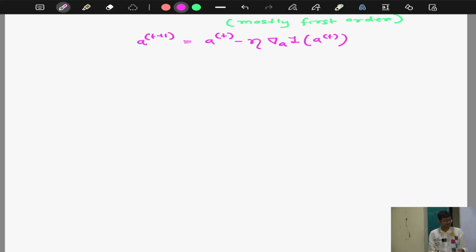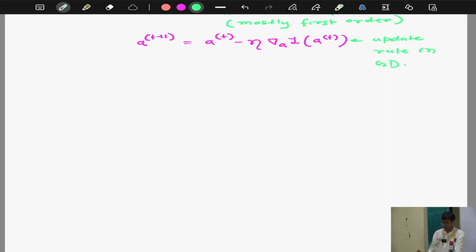You will see modifications over this, but this will come back again and again. This is basically the update rule using gradient descent. Okay. So, this is the update rule in gradient descent. Okay. So, what are the things that you can understand from this equation?